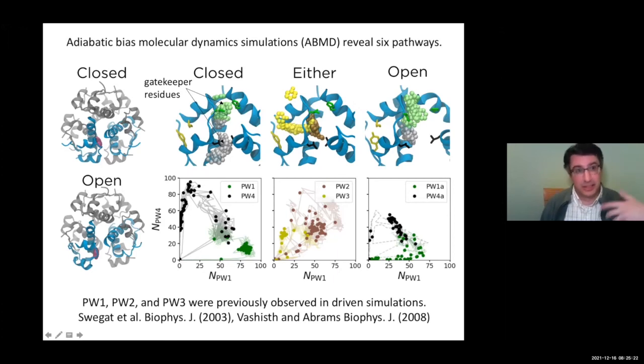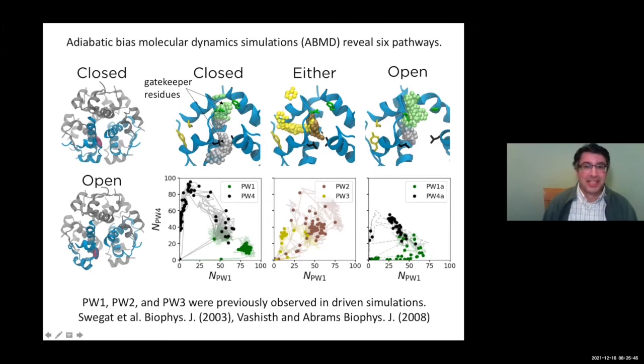The phenol has to go through the gate. Pathways 4 and 4A are the phenol going down through these 2 black gatekeeper residues. Pathway 2 is the phenol coming, in essence, between the 2 sets of gatekeeper residues, so avoiding the gate.